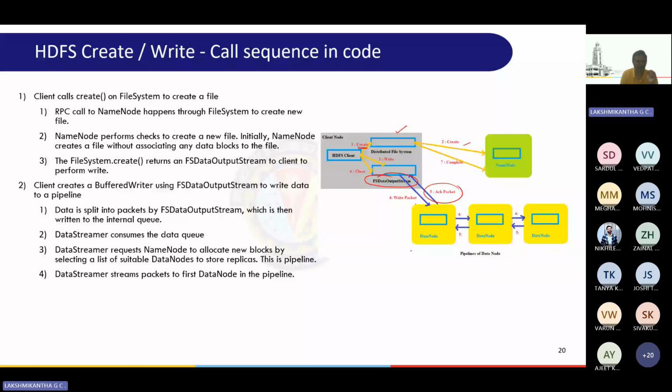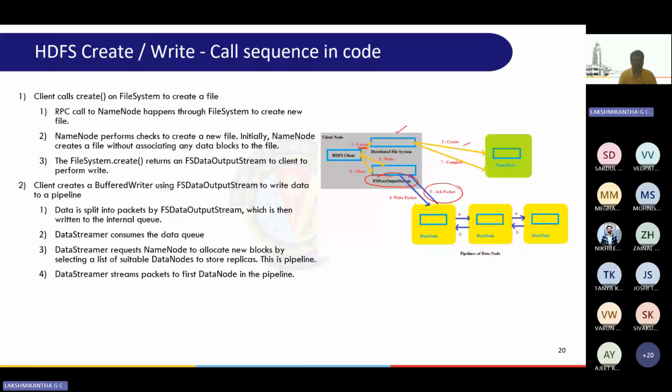A packet is removed from this queue only when all the data nodes in the pipeline have acknowledged receiving it. This queuing mechanism ensures that the client is not blocked while the data is being written and replicated. So very simple concept, guys, that you should understand.